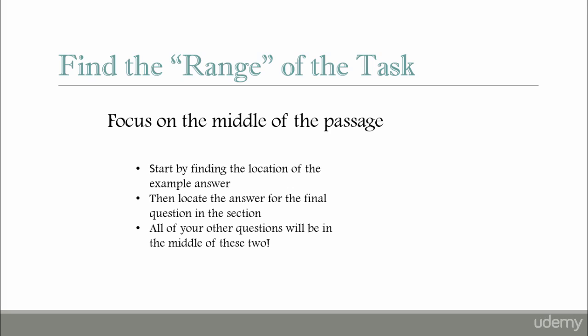You could start by finding the location of the example answer. Then locate the answer for the final question in the section. If you can find the answer to the final question, then you know there probably aren't going to be any answers after the final question. All of your other questions will simply be in the middle of these two.